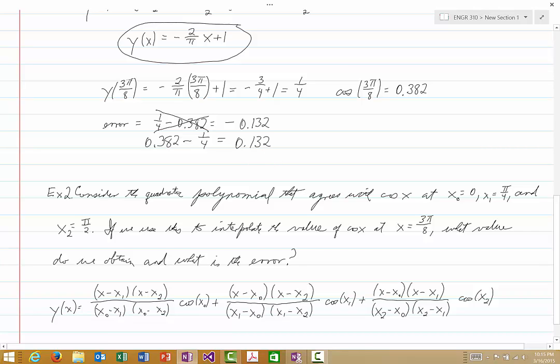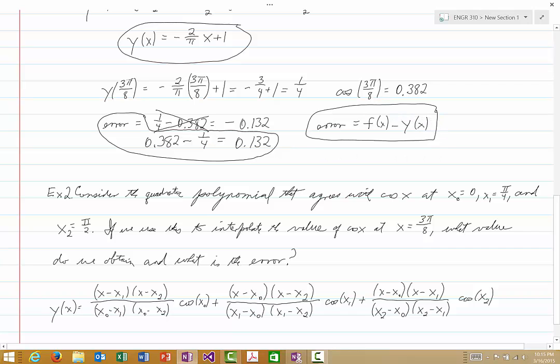And we might as well, we want to be consistent with your book. That will certainly lead to the least amount of confusion. So let's just say error equals f of x minus y of x. Okay? And we will use that throughout.